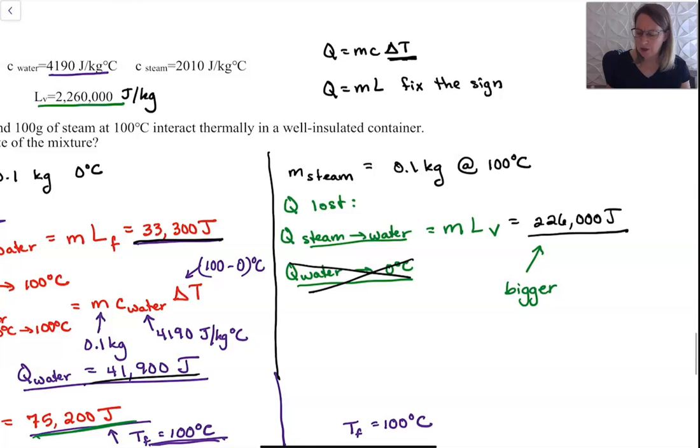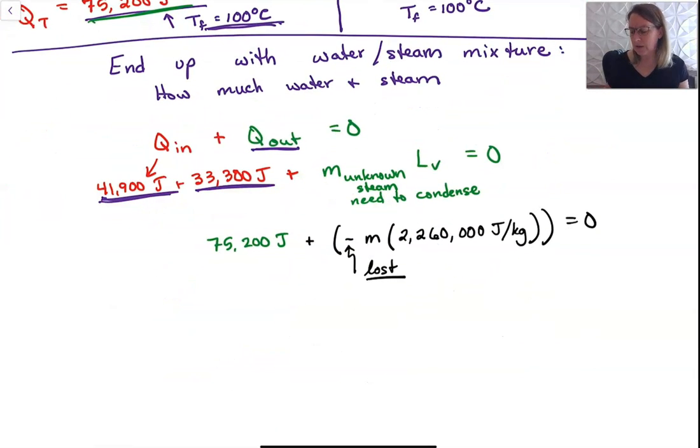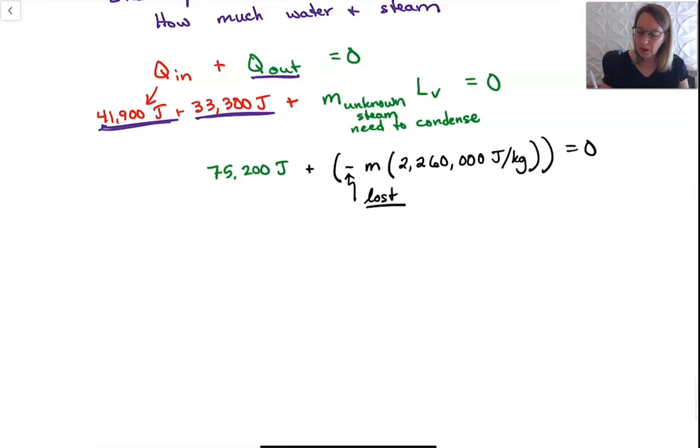So on an equation sheet, you might want to say Q is equal to plus or minus mL, and then we say plus if we're gaining, and minus if we're losing or releasing heat energy, giving it up to something else. So in this case, we're going to have the minus sign for the lost heat.